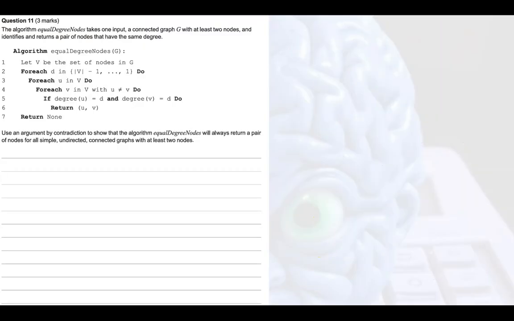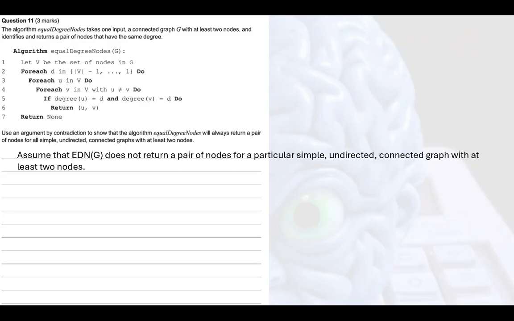Let's look at an exam question, which will hopefully make you feel better about what is coming up. In this case, we're given an algorithm. First off, let's get the contradictory assumption down, which is to assume that equal degree nodes does not return a pair of nodes for, I don't know if I have to write that every single time, this type of graph.